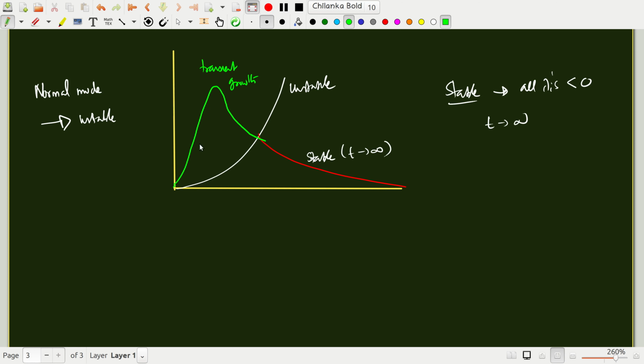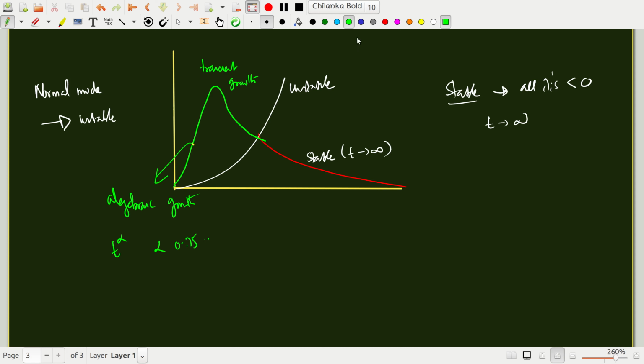Now this growth cannot be exponential, so this is called an algebraic growth, which means your perturbations may grow as t to the alpha, where alpha is 0.75 or something like that. Okay, so this is how one gets around the problem of taking into account the initial condition.